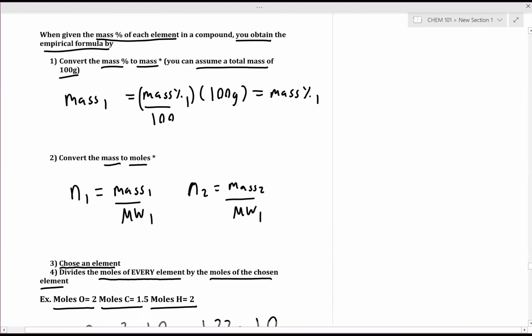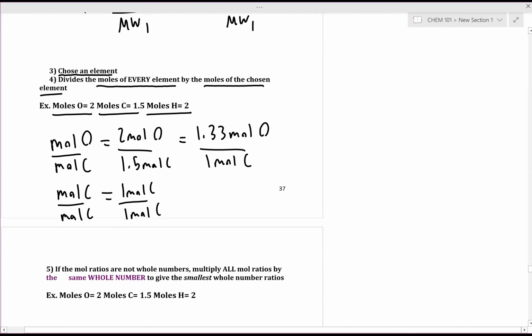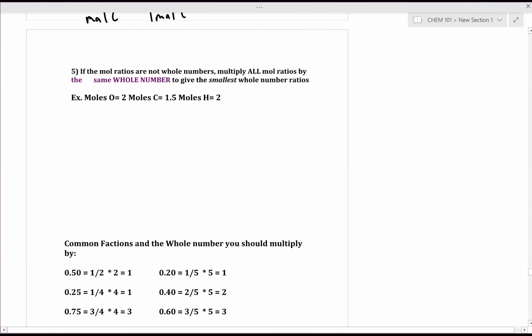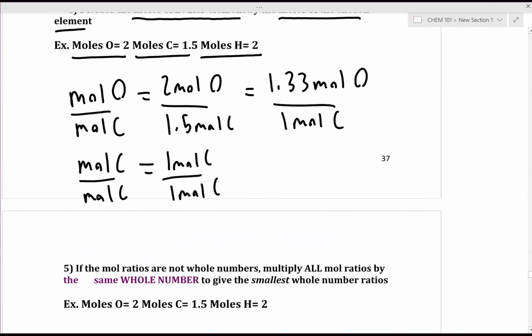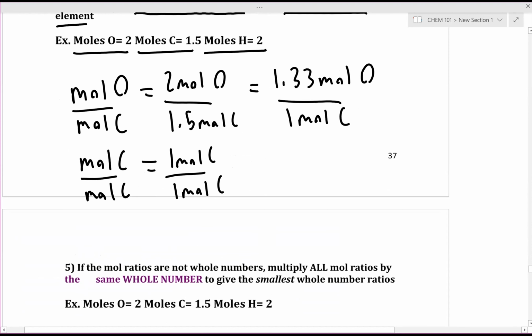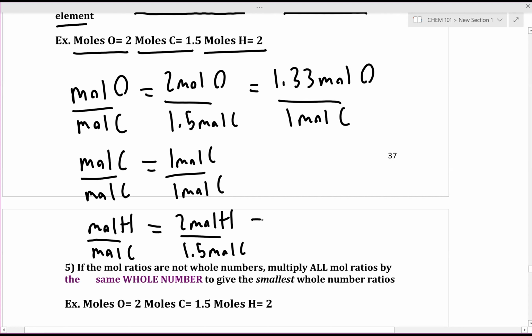Let's now fill in the mole to mole ratio for hydrogen. So let's take the moles of hydrogen per mole of carbon. We have 2 moles of hydrogen per 1.5 moles of carbon, and that in turn gives us 1.33 moles of hydrogen per 1 mole of carbon.